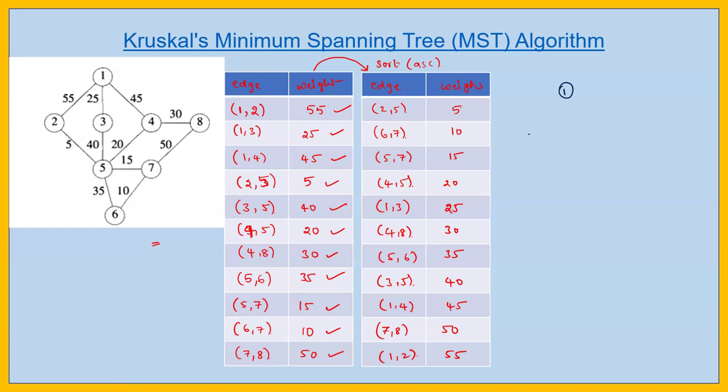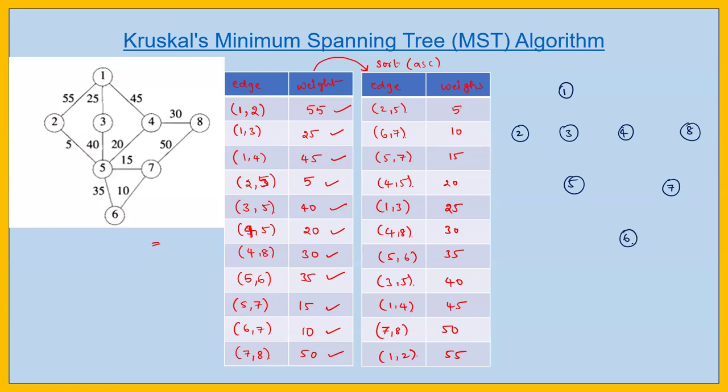Next, I will draw the same graph on this side without edges, only the vertices. So 2, this is 3, this is 4, and I am writing 5 here. Next, 7. Next 8 is at this place, and 6 is at this place.